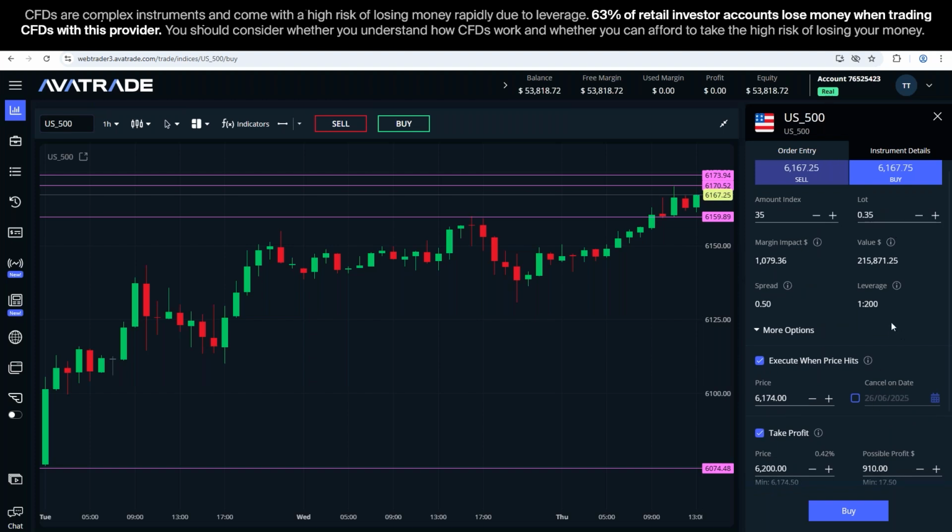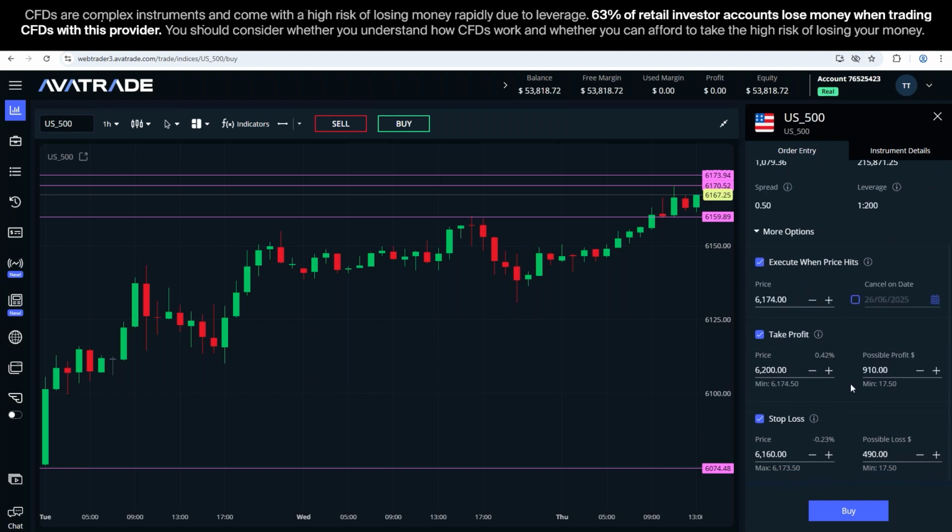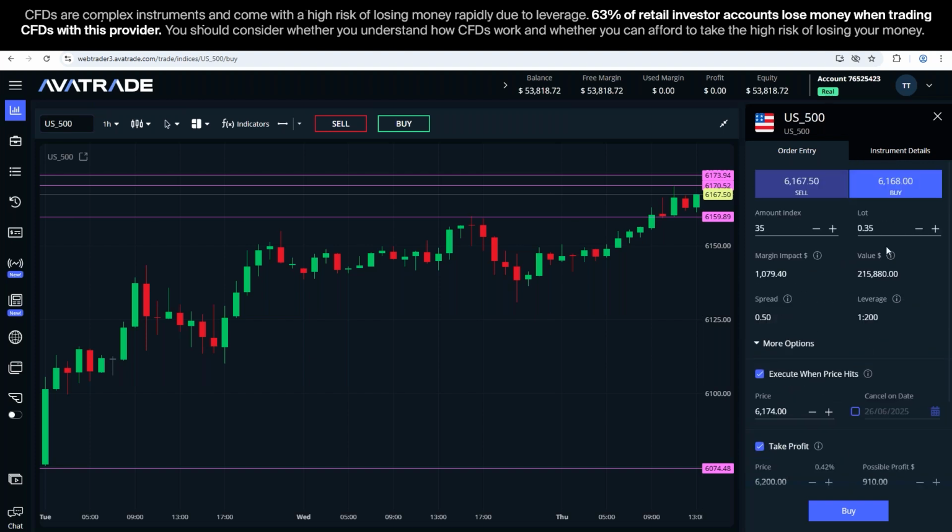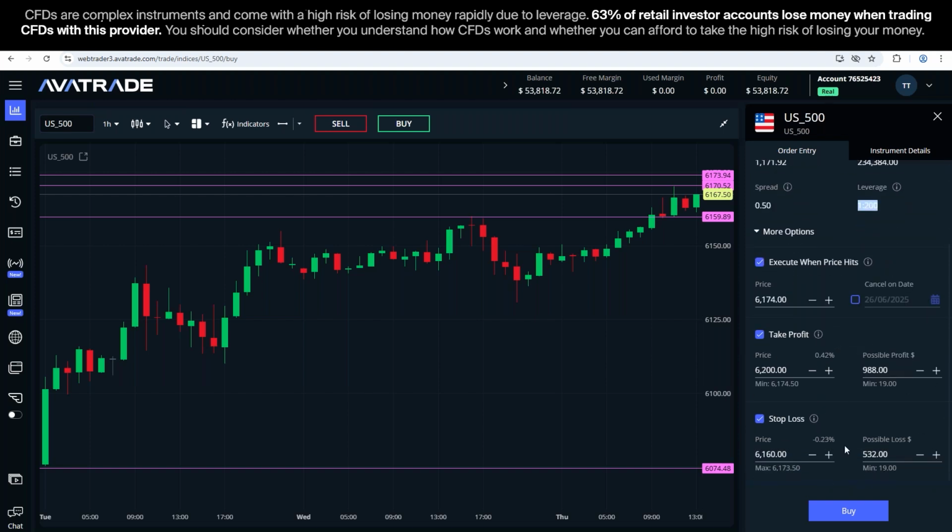But you can adjust the lot size once you get your trade set up to be the amount of risk you're comfortable with. So maybe I want to risk about 500 per trade. And so I'm adjusting that trade size. 532 is a little less than 1% of my balance. So maybe I'm okay with that. And I'm going for nearly 2% profit on the move in the direction of the fundamental news right now, waiting for a technical breakthrough to show an uptrend before entering.